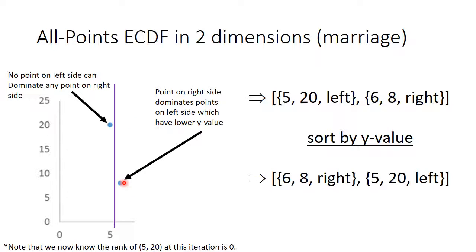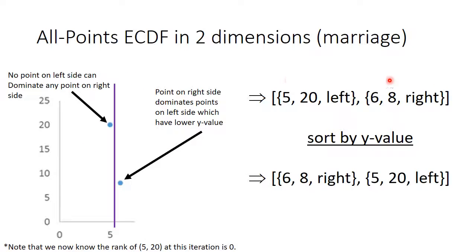And for the point on the right side, we can simply check if its y value is greater than the point on the left side. And we can do this by projecting these values onto the y-axis and also keeping track of whether it was on the left or the right of the dividing line.